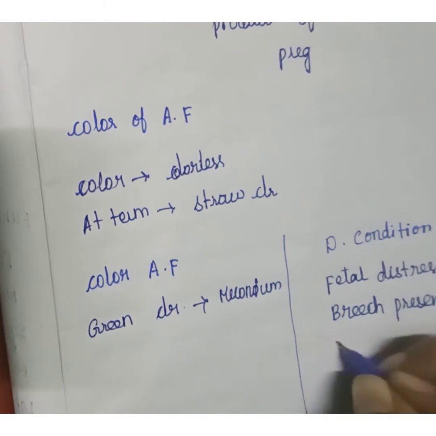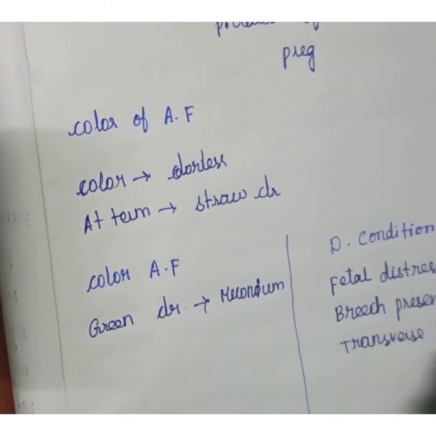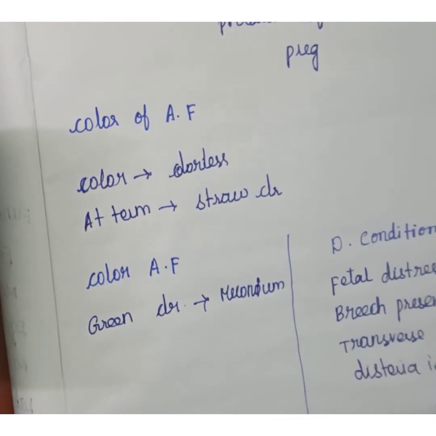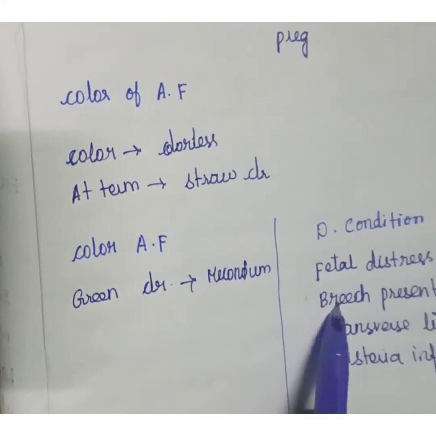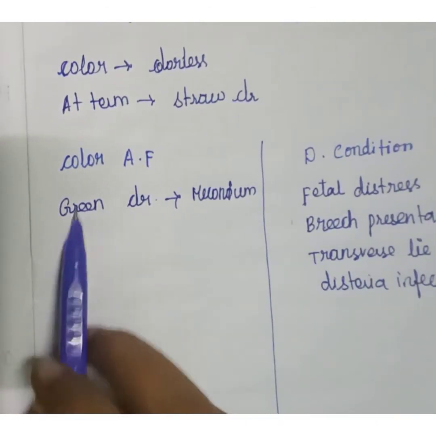So in fetal distress, breech presentation, transverse lie and Listeria infection, the amniotic fluid will be green color.